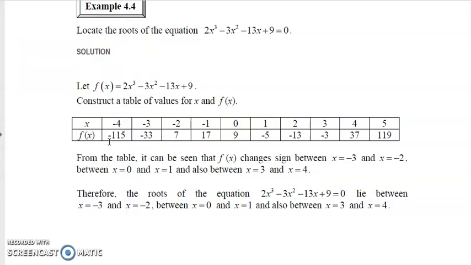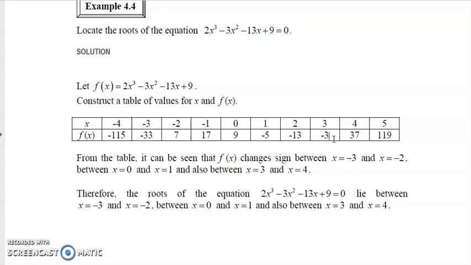And then if you try to look at this table, between x is equal to -3 and x is equal to -2, there is a change of sign, which is -33 and 7. Means there is a root between -3 and -2. And you look over here again, between 0 and 1, and between 3 and 4, there is a change of sign: 9 to -5, and another one -3 to 37.